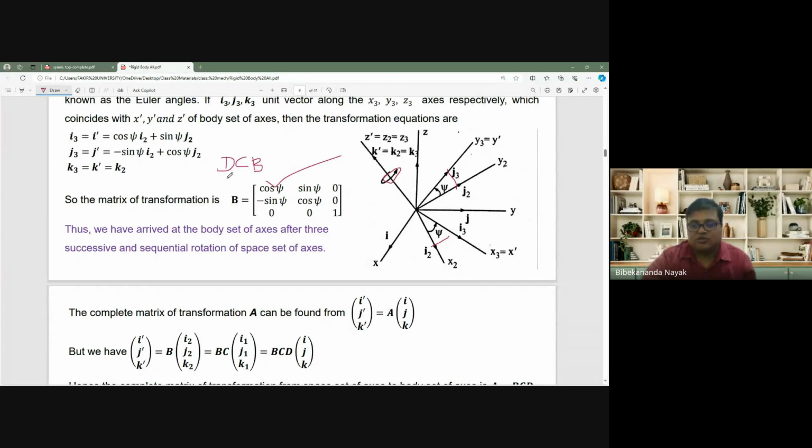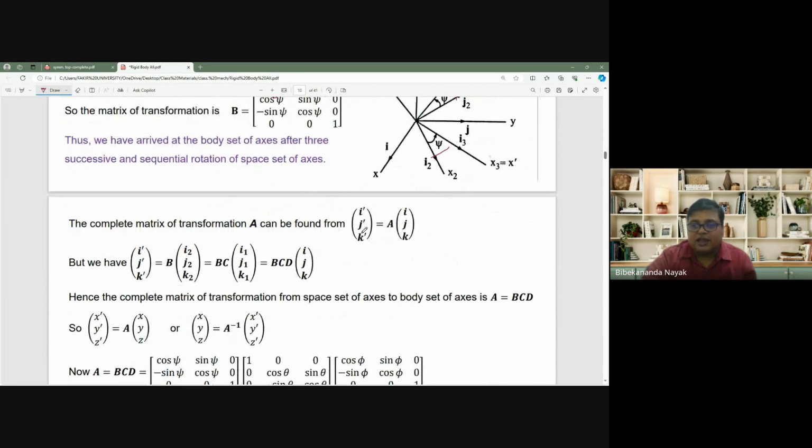That means if this is the total A, i prime, j prime, k prime is the whole product of the three matrices times i, j, k. If you open it up, how did this i prime come about? You multiply B with i2, j2, k2, in the reverse way.